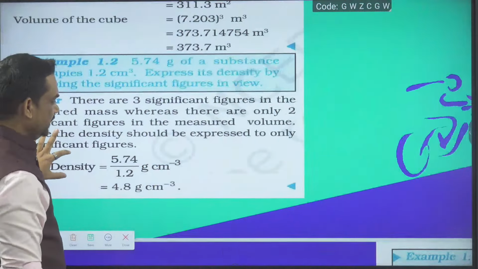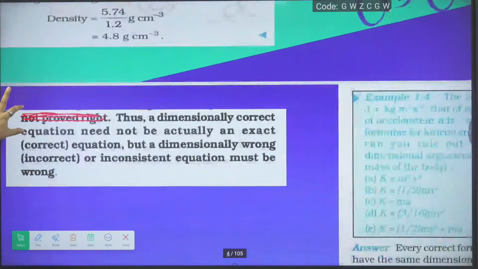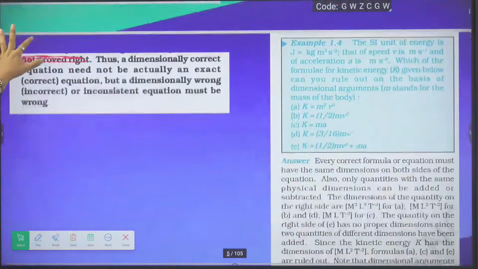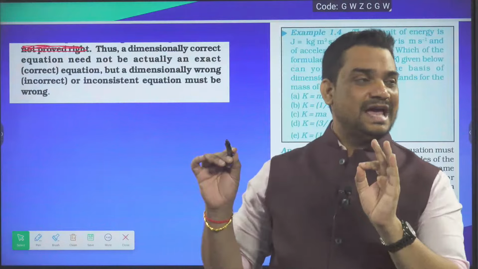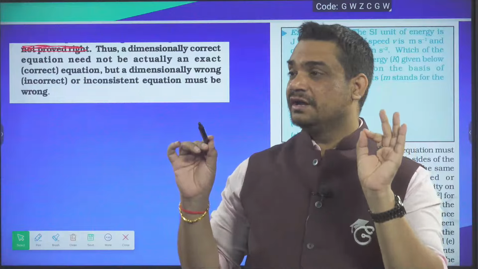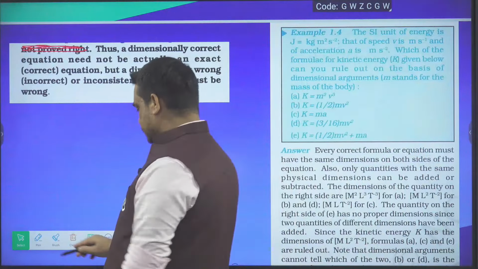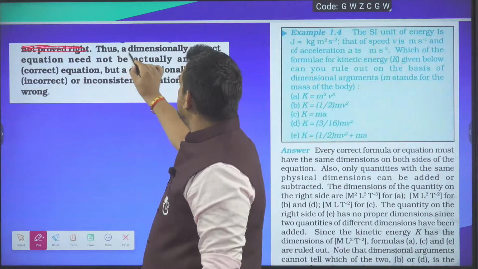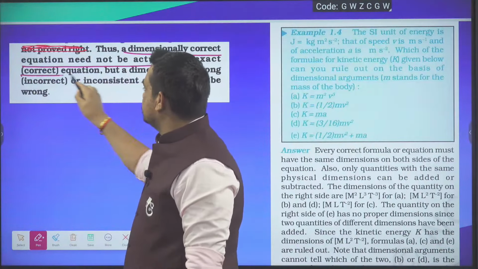Now, moving further to the next one. This is a point where we often make mistakes. A dimensionally correct equation need not actually be an exact or correct equation.